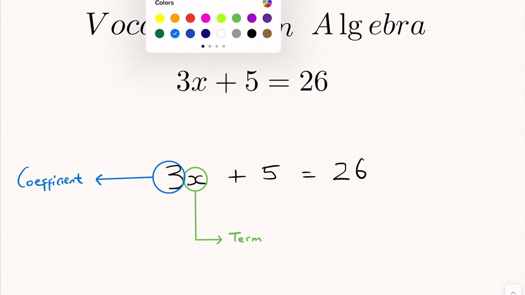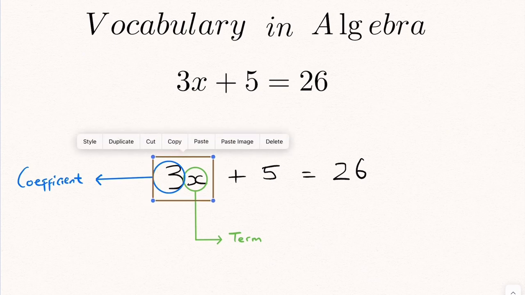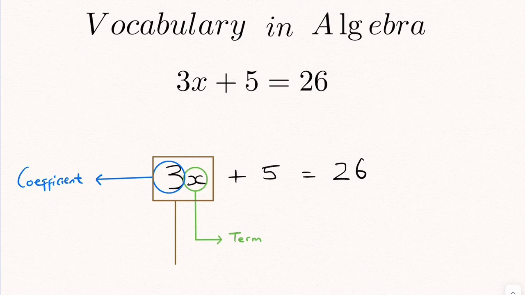So I'm going to choose a different color and say this whole box here, that's a variable. So at this stage, 3 is a coefficient, x is a term, and 3x is a variable.